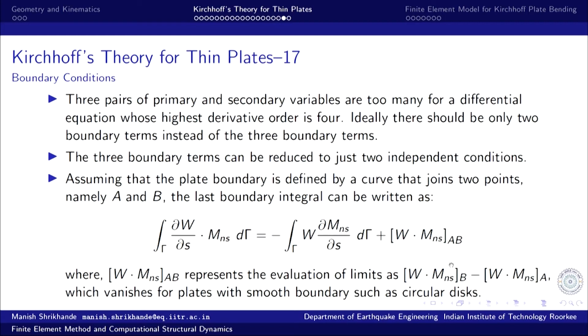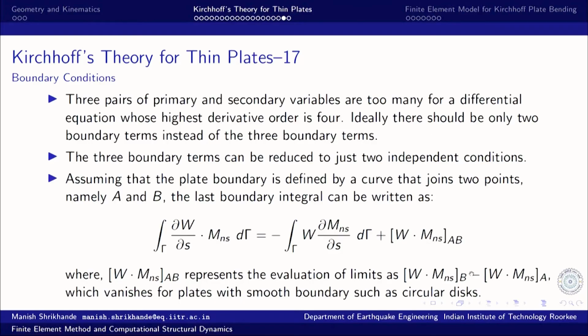And if it is a circular disc, I mean smooth geometry, then this evaluates to 0. Both the points will converge, and the normal derivatives would be 0 at individual points, I mean this difference would turn out to cancel each other.